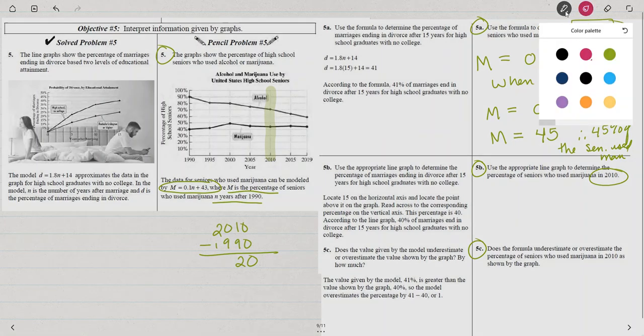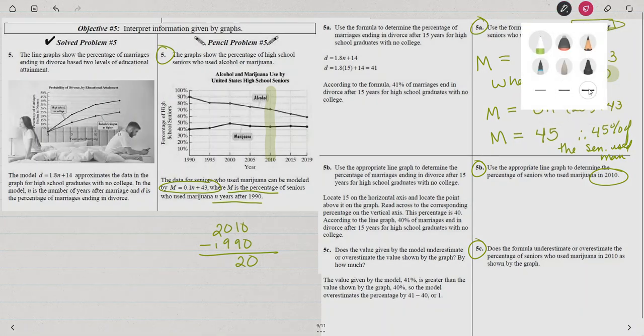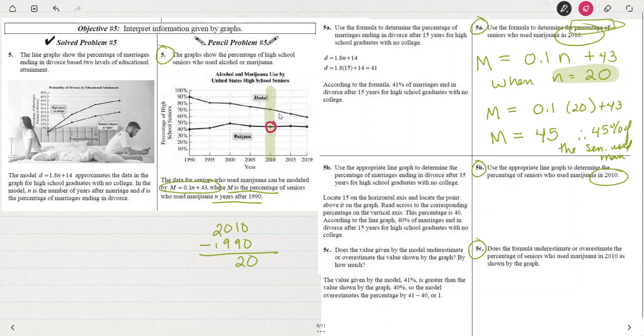And do you see it here? This point right there. Looks like that's right between 40 and 50%, so we can see that it's 45% from that graph also. So you see we could use the equation or the graph to find that value.